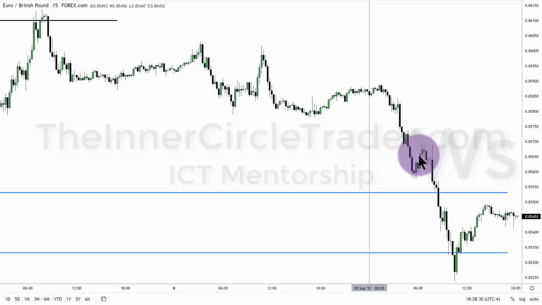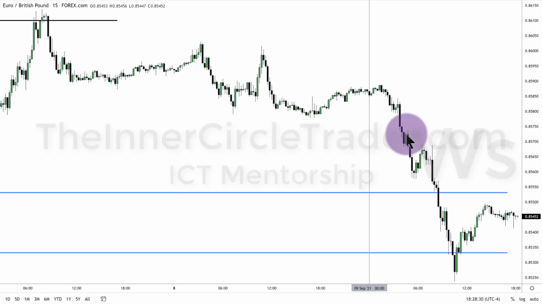So entry here on a limit. You have a little bit of drawdown, but that's fine. You can expect it to trade back to the bearish order block, so that's an allowance for the trade for risk. But your stop is above the high of the up close candle, which is the bearish order block. You've learned that. I didn't just teach it to you right now. You've been taught that in commentaries, not in specific lessons. It's in the commentaries. That's being mentored.